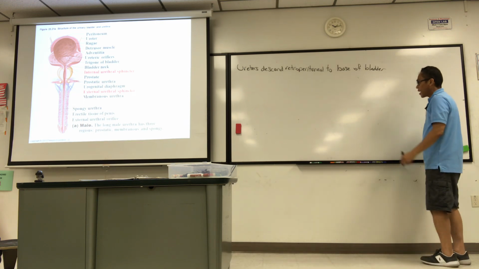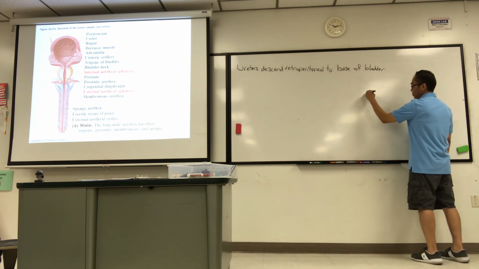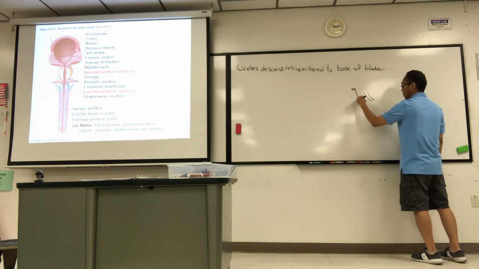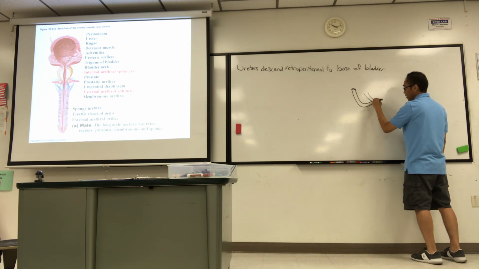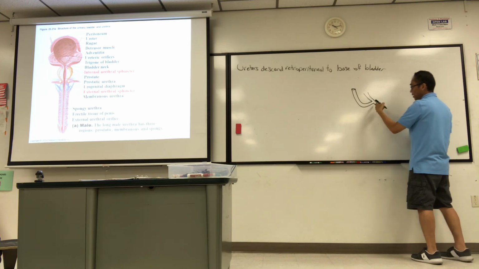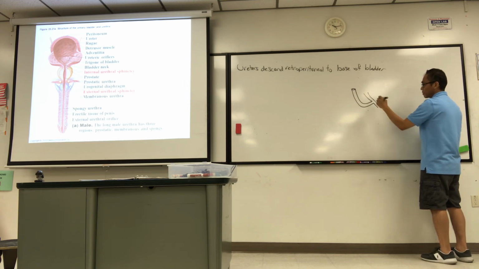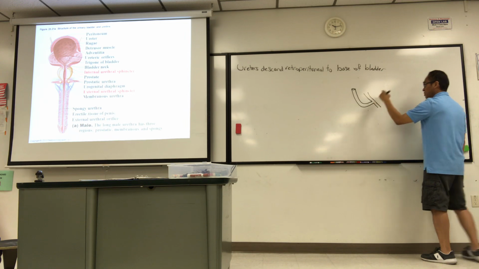And at the base of the bladder, if this is like the bladder wall, and here's the ureter coming in, they do not go in at a 90-degree angle. That will be a 90, but they don't do that, okay? They actually enter at an oblique angle. They don't do this.